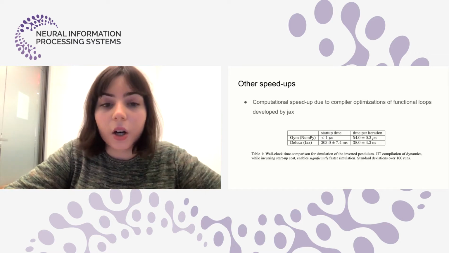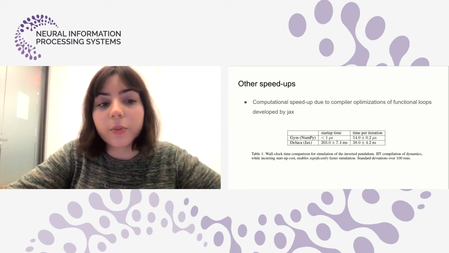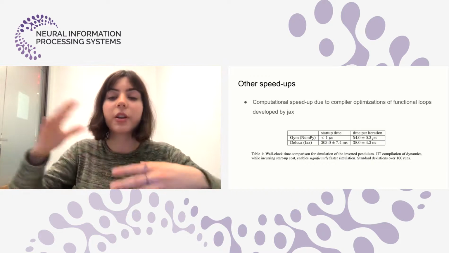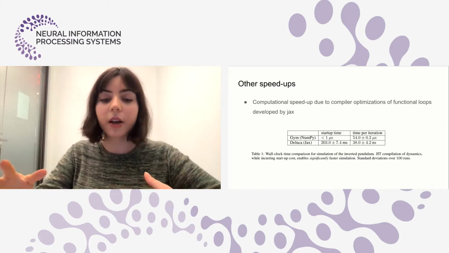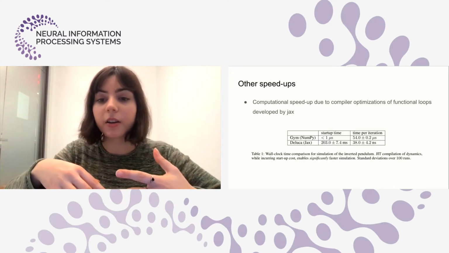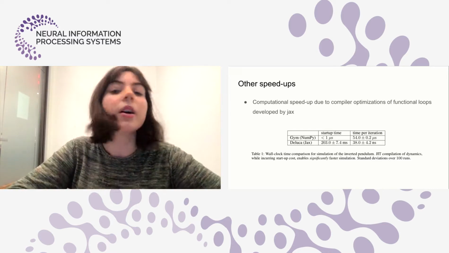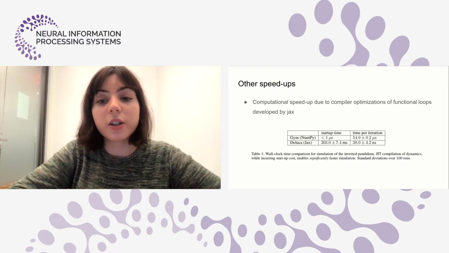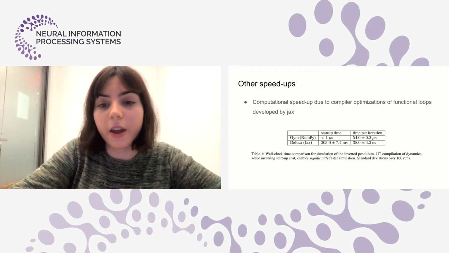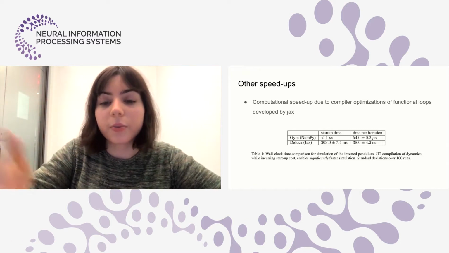We see that at the cost of a one-time startup compilation, the improvement in per iteration time is greater than 1,000. This improvement arises from compiler optimization of functional loops due to JAX. So, on the large scale, especially for functionally written code, DELUCA is actually noticeably faster than the established counterpart OpenAI Gym.